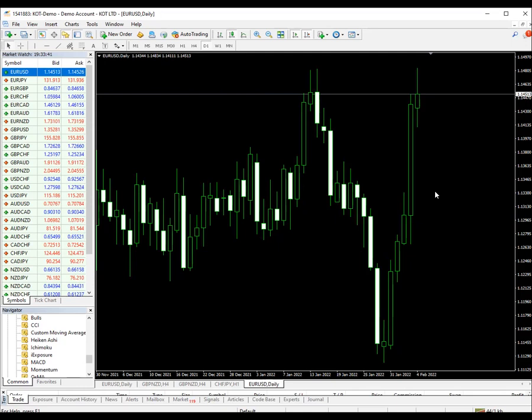The price of Euro USD at the time that we gave the signal was 1.11467. That was the price, which was somewhere here. This was where the market was when we gave a buy signal.